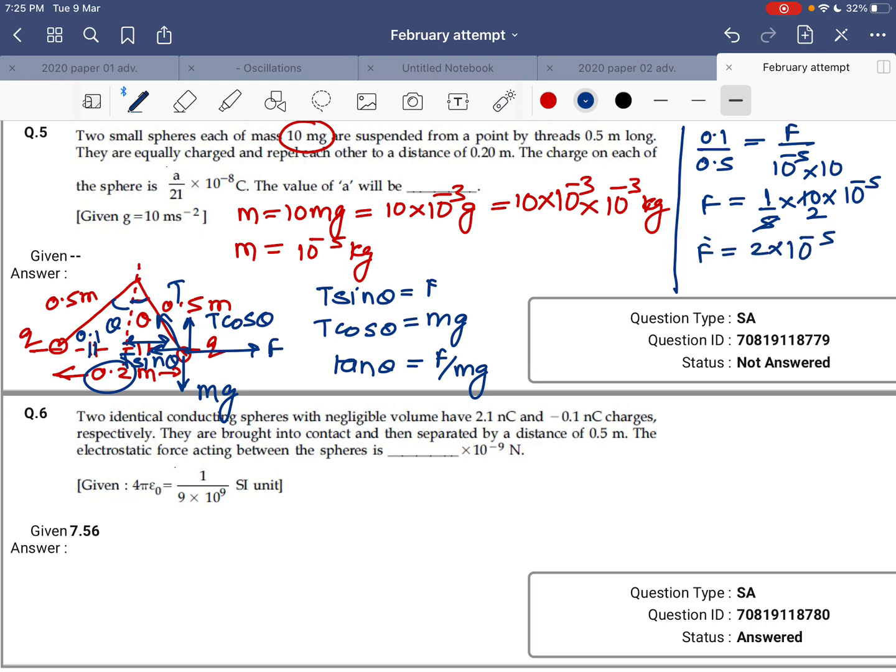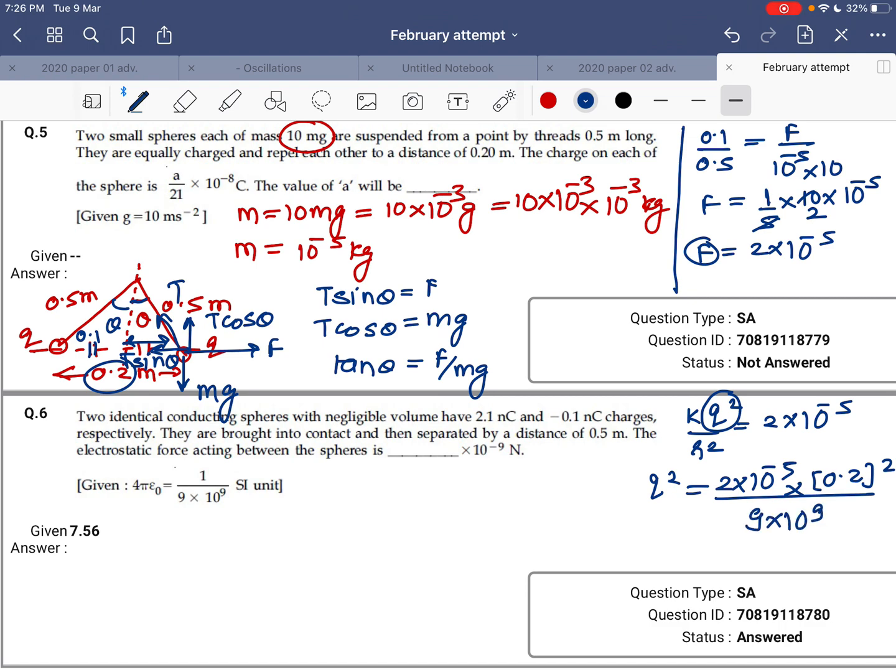Now I have got the repulsive electrostatic force, and we know that the electrostatic force is given by K Q square upon R square, which is equal to 2 into 10 to the power minus 5. We have to find Q. So Q square would be equal to 2 into 10 to the power minus 5 into the square of the distance, 0.2 the whole square, divided by K, which is 9 into 10 to the power 9. So the square of 0.2 is 0.04, divided by 9 into 10 to the power 9.